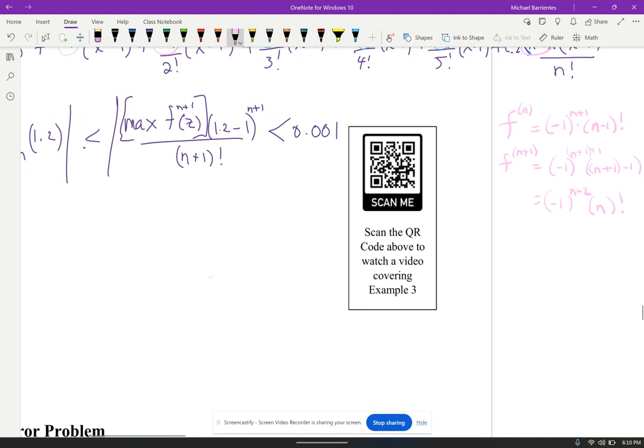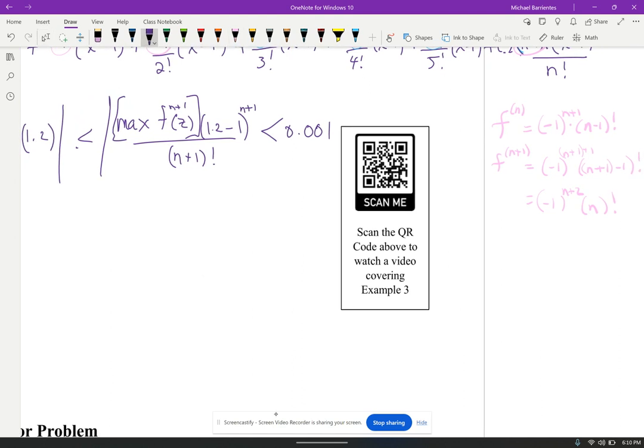So I come back over here, and I remember that all of this is inside the absolute value, right? So if it's inside the absolute value, when I write the maximum of the f of n plus 1 derivative, by the way, I'm going to go ahead and figure this out.